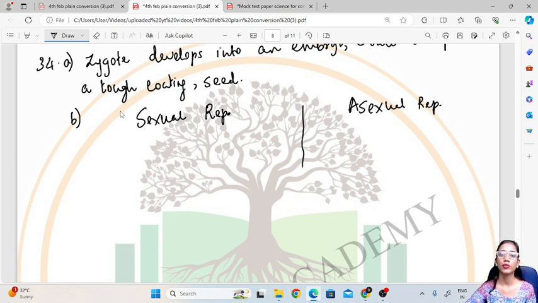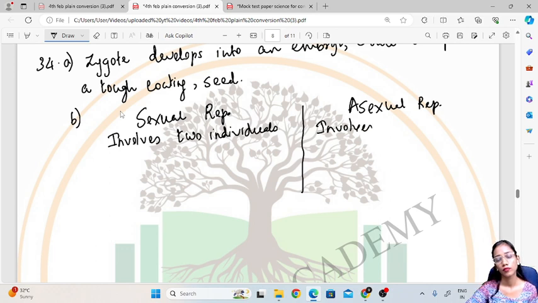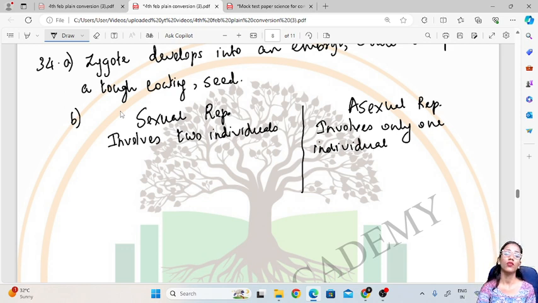Sexual reproduction involves two individuals, while asexual reproduction involves only one individual.